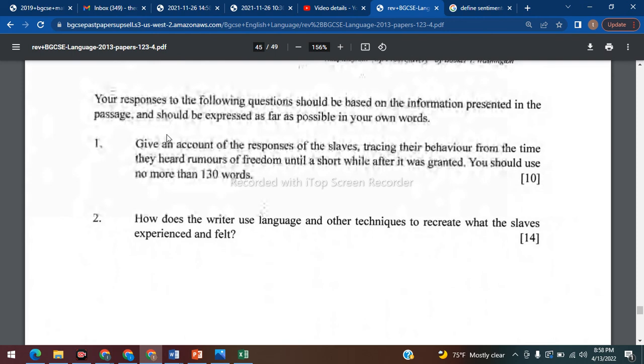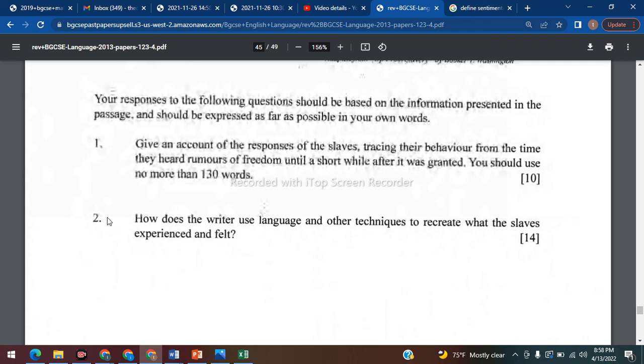So this is straightforward. That means their reactions, how they felt and what was going on around them. Just what they did. We could do that some other time.